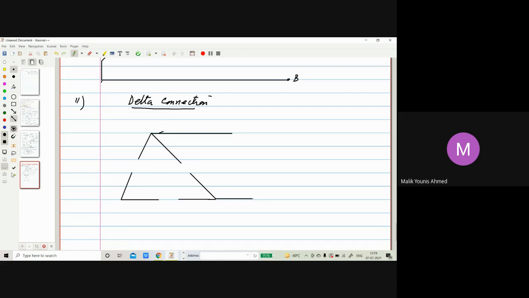So we have another line. Here we have another line. I will draw again the reactance or impedance.